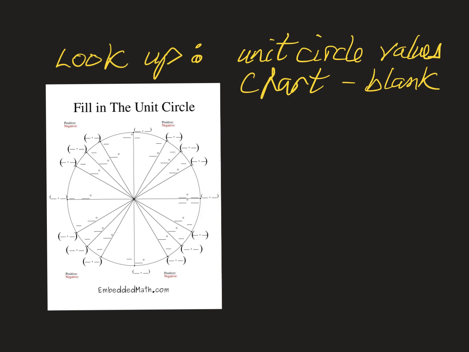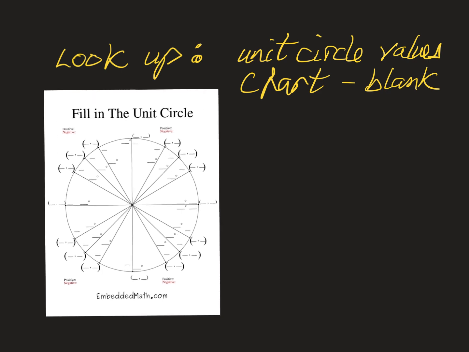Fill in the unit circle. You should be able to go through this and definitely do the first three of these triangles right here on your own. We've sort of done them a couple of times, but do those.